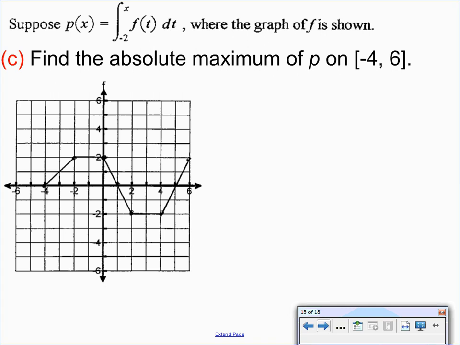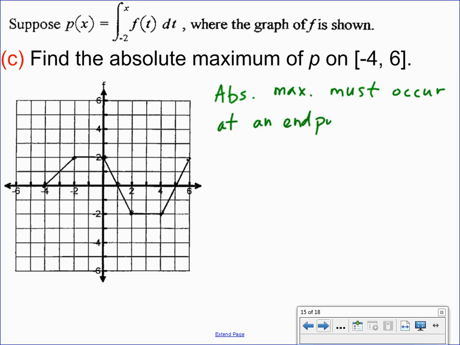So let's go ahead and say that absolute extrema, in this case absolute max, must occur at an endpoint or at a critical point.